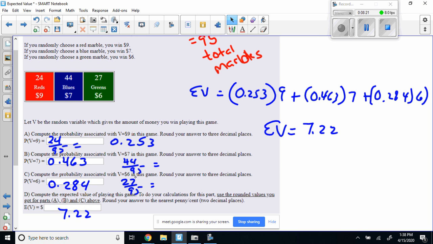So they're individually asking you these probabilities, and that's what goes in these first 3. Then you multiply plus multiply plus multiply, right? And you get $7. On mine, I got $7.22, right?